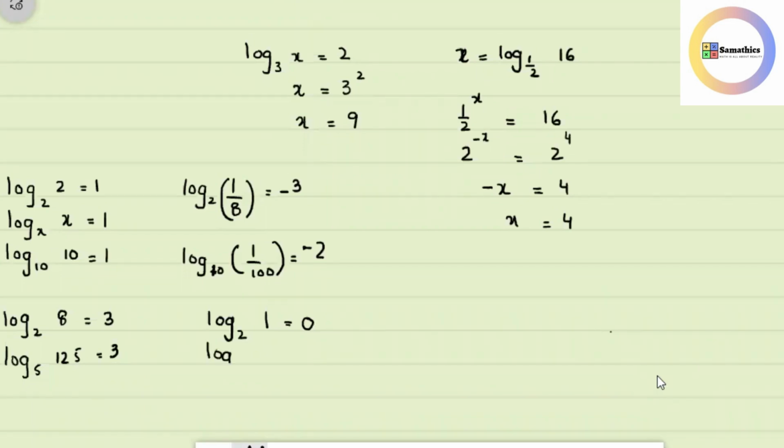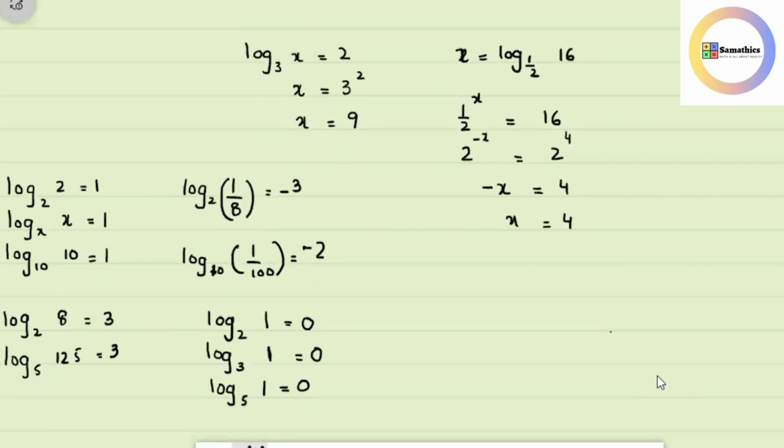Whatever number is written here, if here it is written 1, then the power is to be 0, because this is the result of this power. And when the power is 0, the result is 1, no matter what number is over here. Log 5 of 1 is equal to 0.